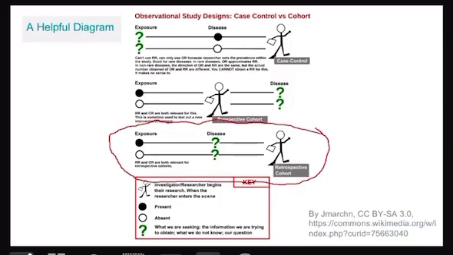In some, we can look backward, and in another one, we're actually going to wait. Does that make sense?